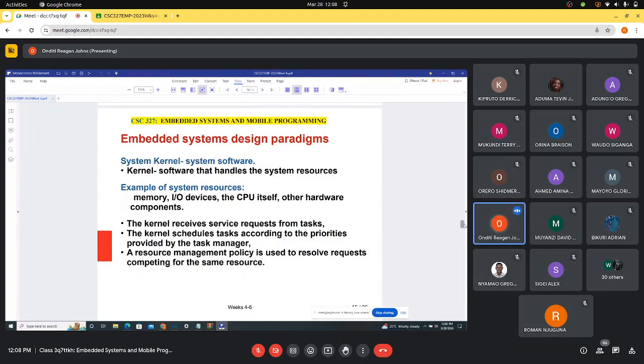So where does the kernel sit in terms of a functioning system? Who knows where it sits? Does it sit within the hardware? Does it sit within the software? And which software does it sit on?